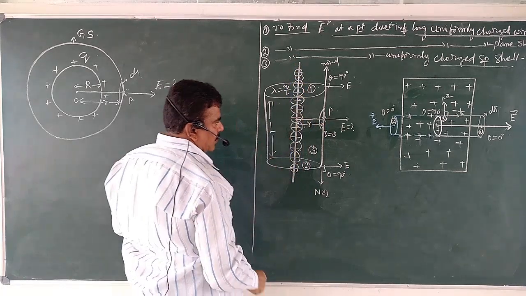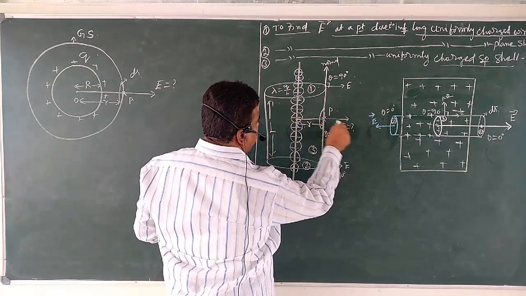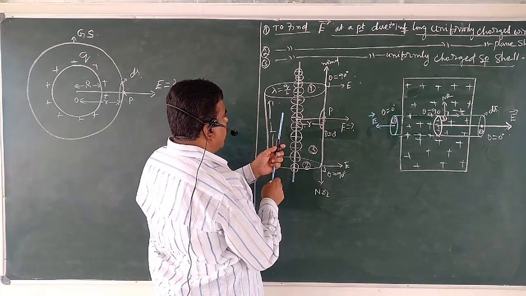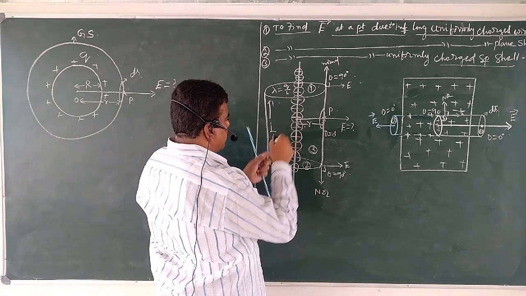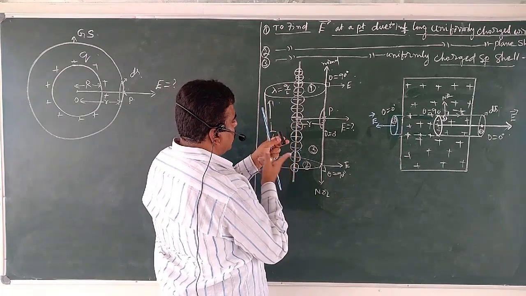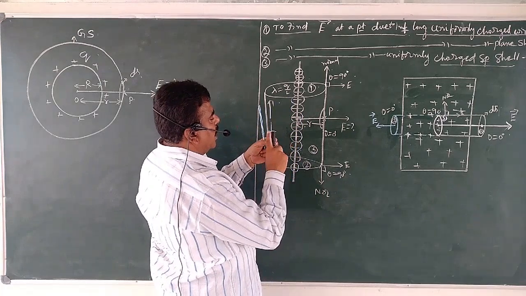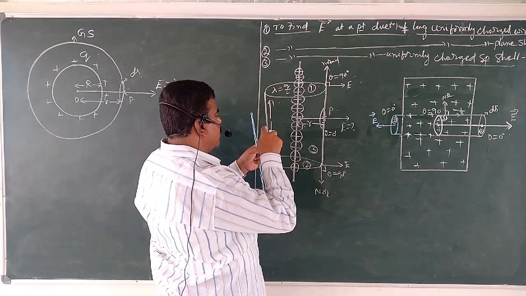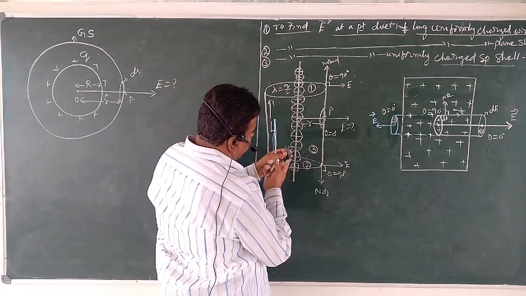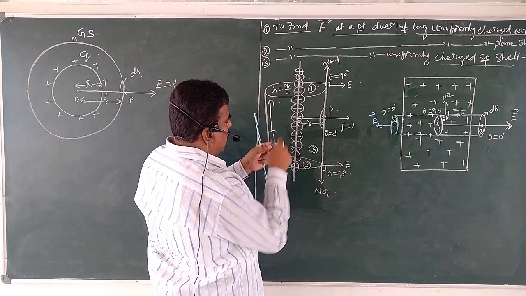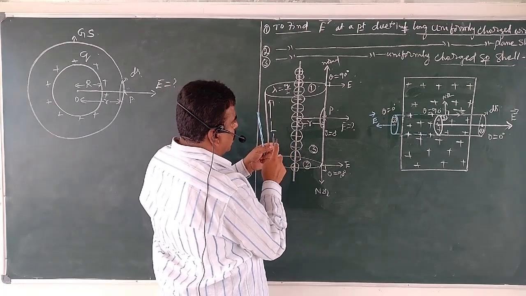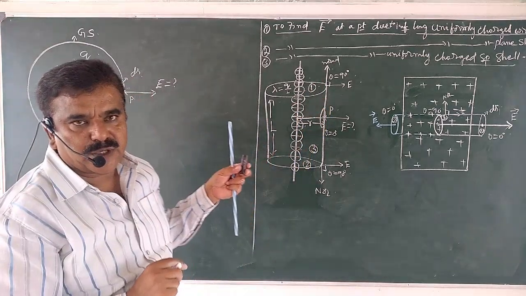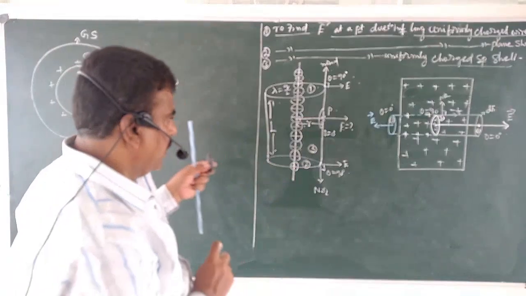Let E be the electric intensity at P. The Gaussian surface is divided into three parts: the upper circular surface, the lower circular surface, and the curved surface. We shall calculate the electric flux through surface 1, surface 2 and surface 3, and add them. That gives the total electric flux. Then we shall apply Gauss law and get the expression for electric intensity.